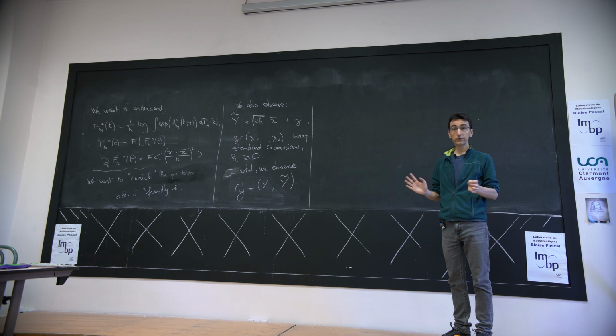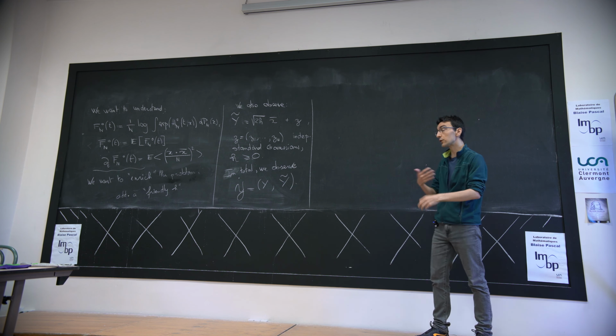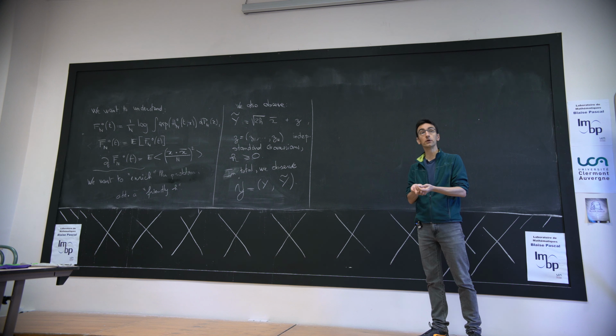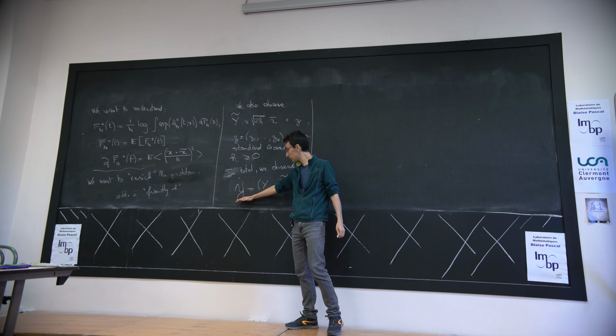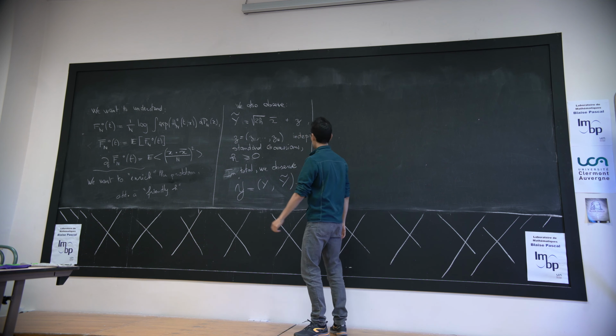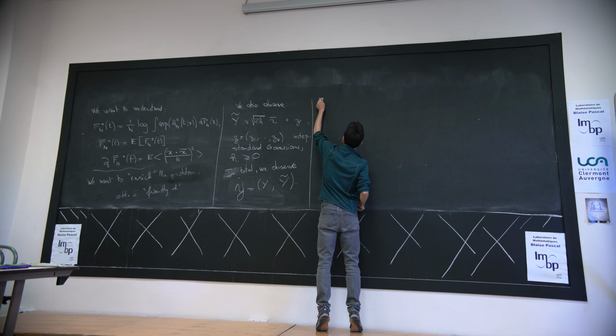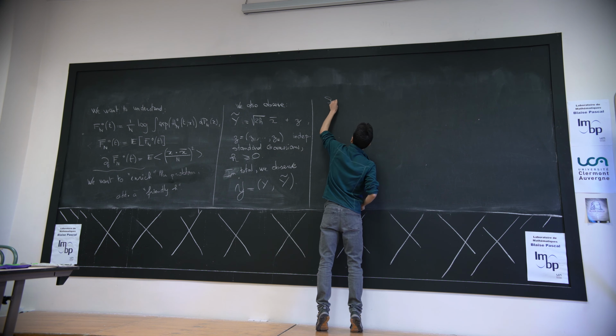Once you have decided this is what you want to do, you can reproduce the calculations we have been doing. So you can still write the conditional law of x bar given this more sophisticated observation. It's really a very similar calculation. So similarly as before, let's say.